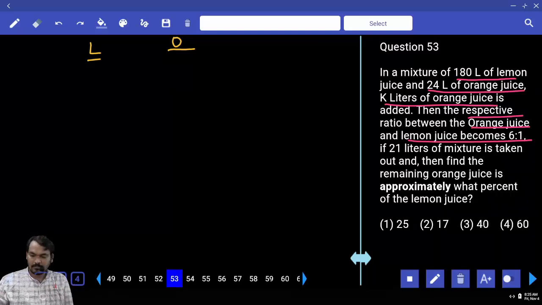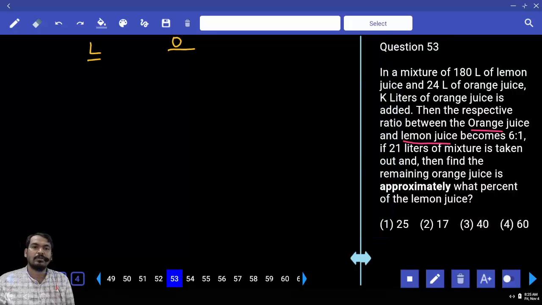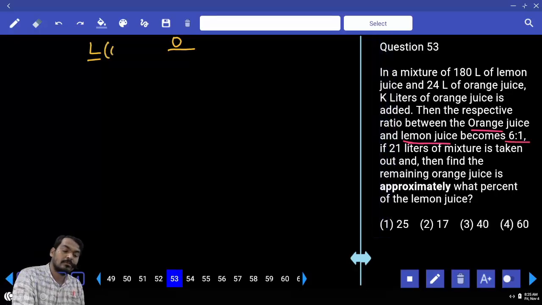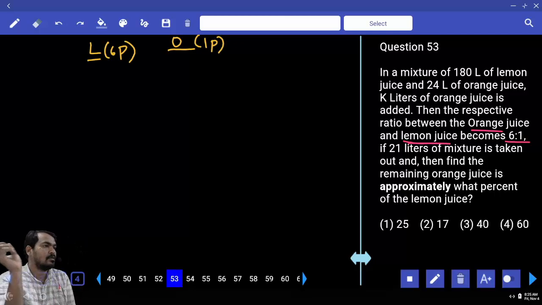The ratio is lemon to orange, not orange to lemon. Lemon to orange. Lemon is how many parts? 6 parts. Orange is how many parts? 1 part. Okay. It is not 1:6. It is 6:1.